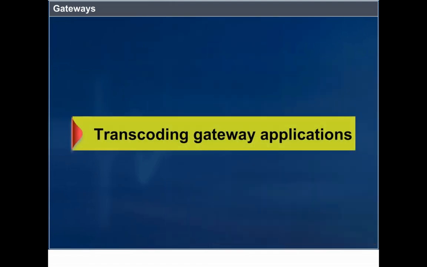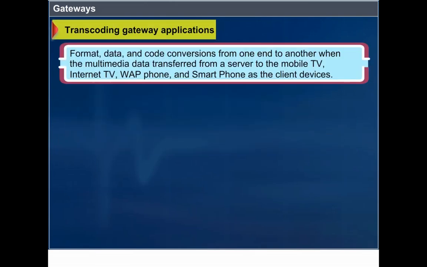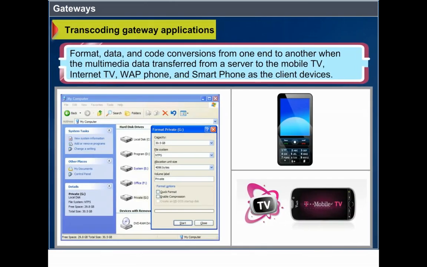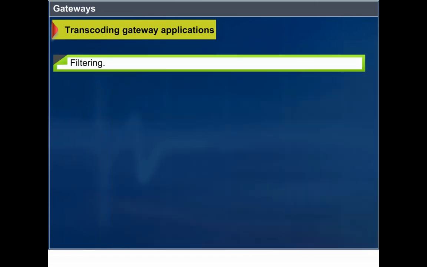Transcoding gateway applications. Format, data, and code conversions from one end to another when the multimedia data is transferred from a server to the mobile TV, internet TV, web phone, and smartphone as the client devices.